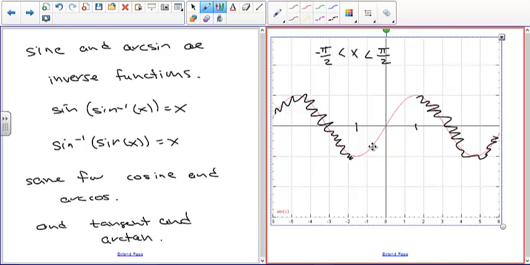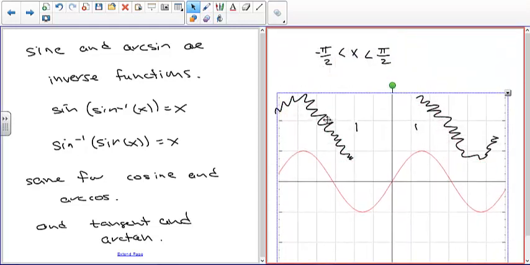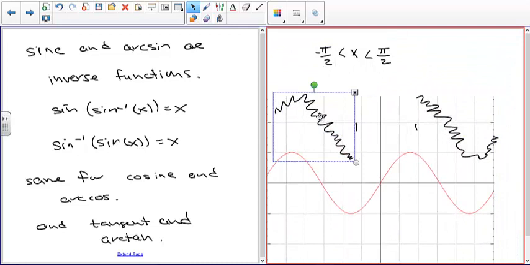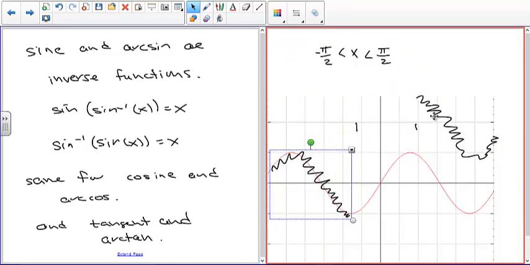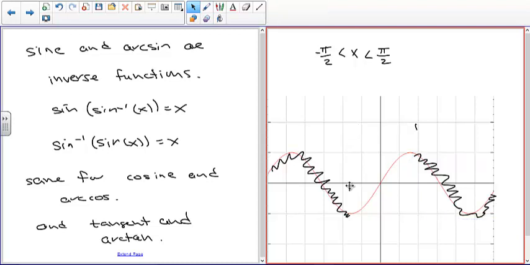And so now the part that's left over is a one-to-one function. So let me move this over a little bit. Actually, let me just move that down. Now move that over.